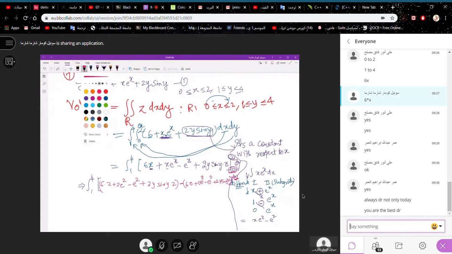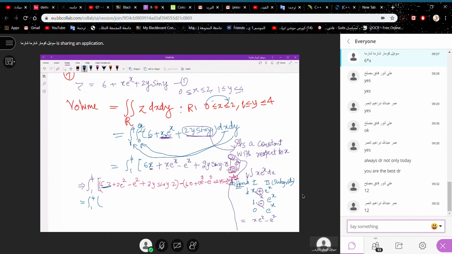Now, who will tell me 6 into 2? How much is 6 into 2? 12, plus. This is 2e square and this is minus e square.